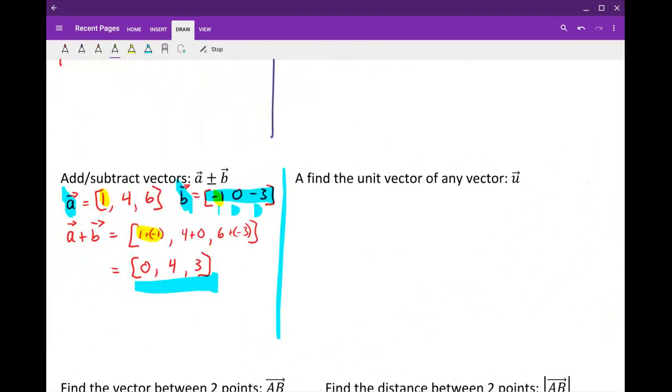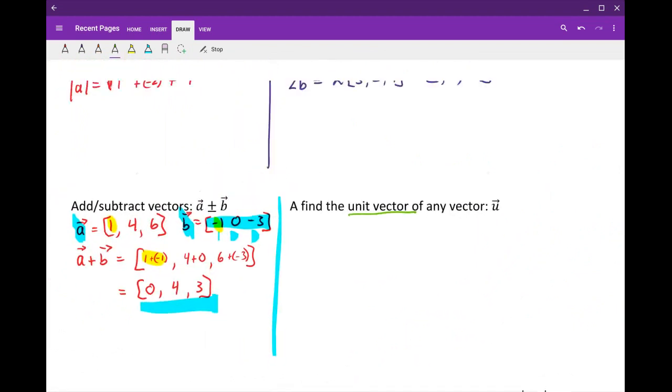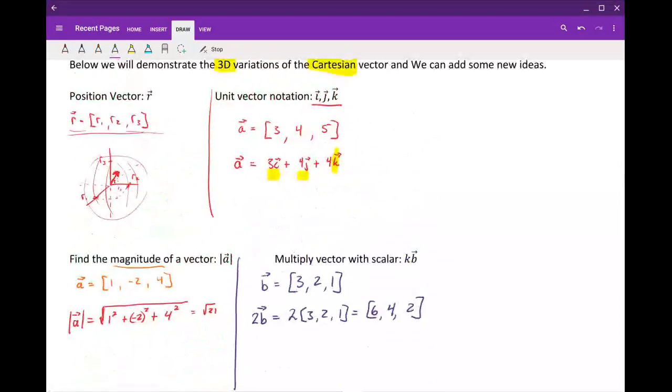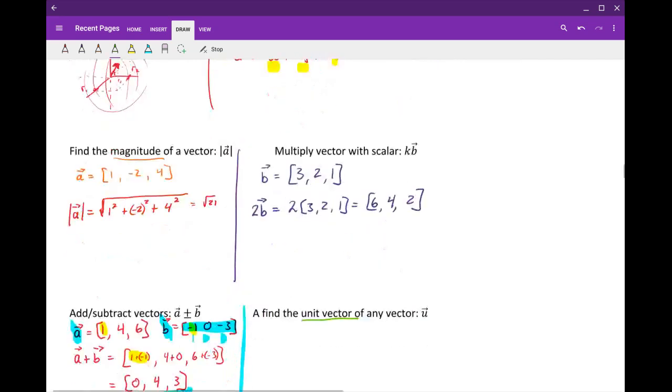A unit vector. All right. There are two things. There's the unit vector notation where you use i, j, and k. This is big, so make sure you pay attention, because a lot of students get confused since this word unit shows up twice.